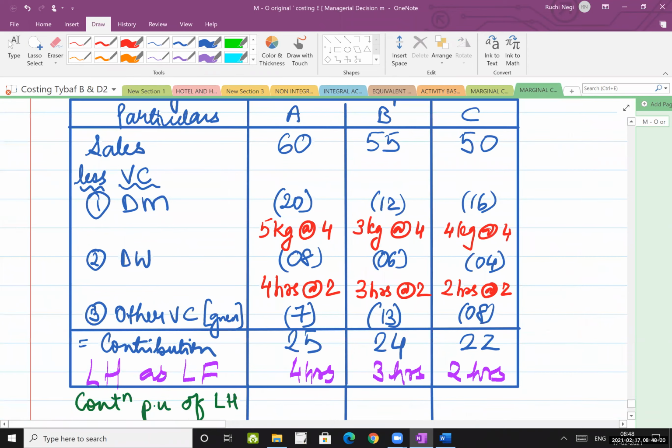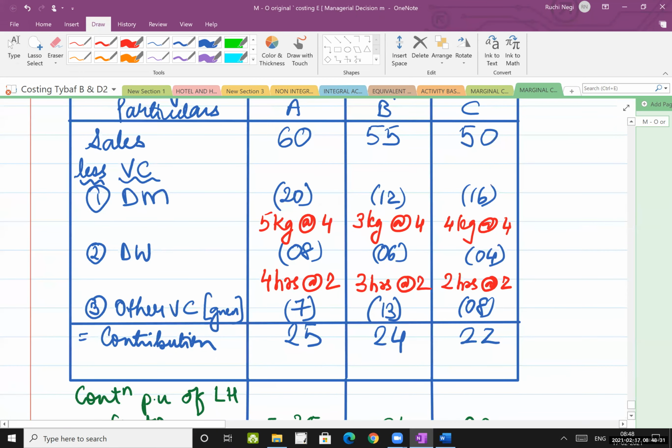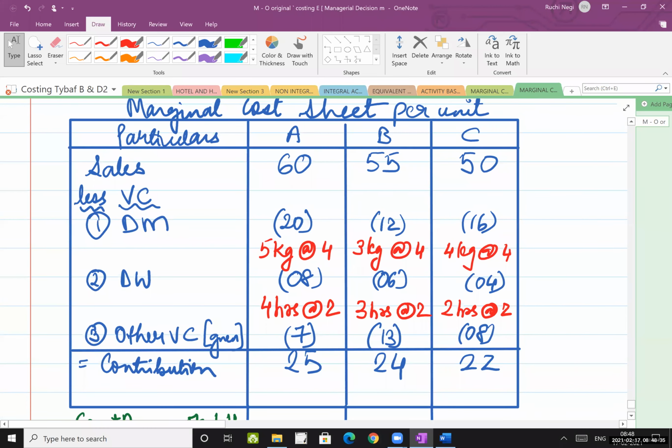Sales less variable cost till here. Now this will change. Obviously this will change. So note this down.